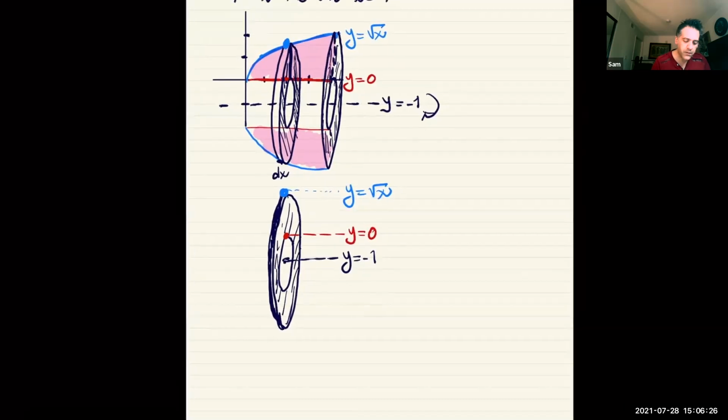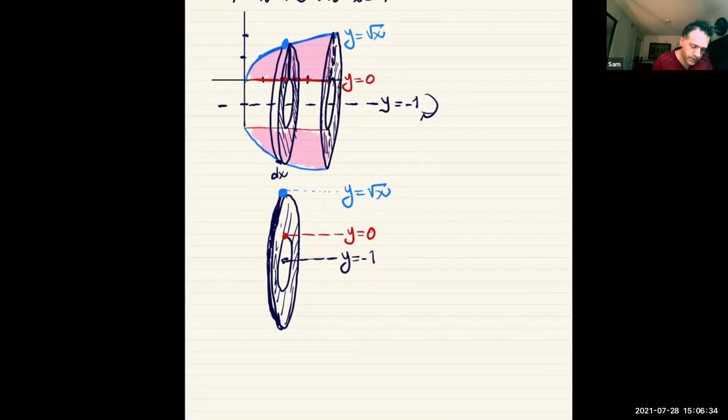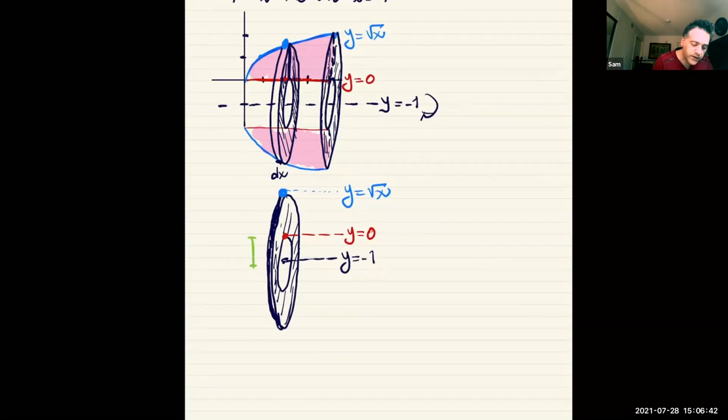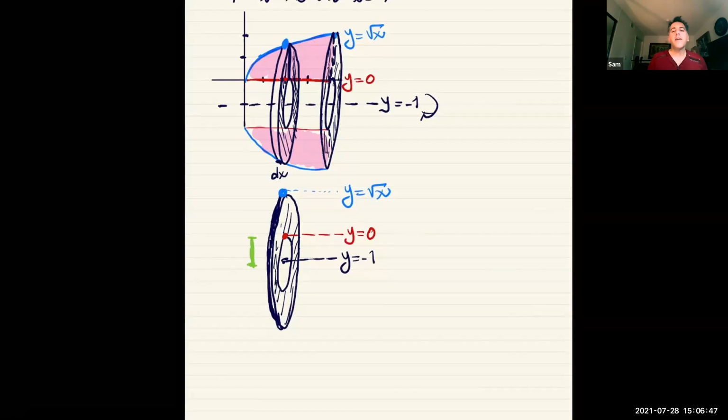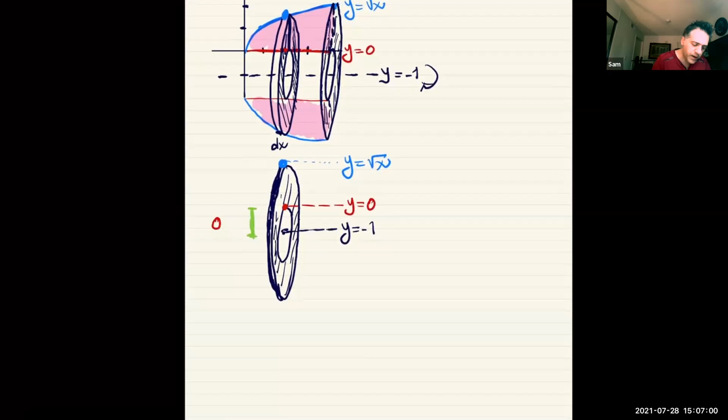Let's go with the inner radius. Whenever you're finding distance, you always do top minus bottom. Here top is 0, minus bottom, which is -1.